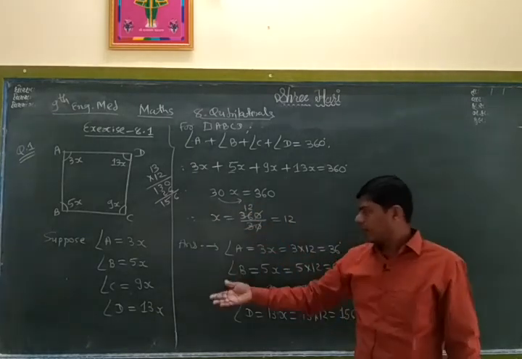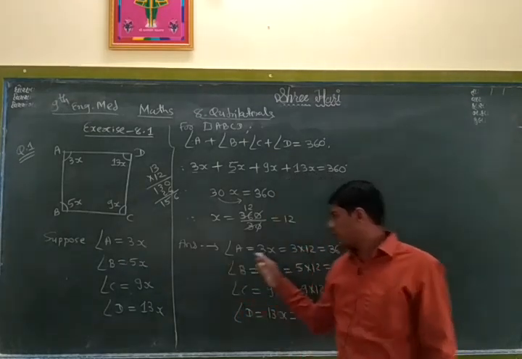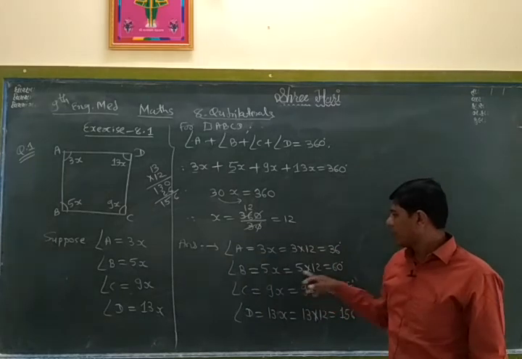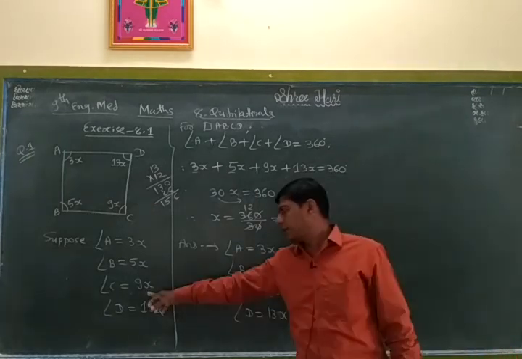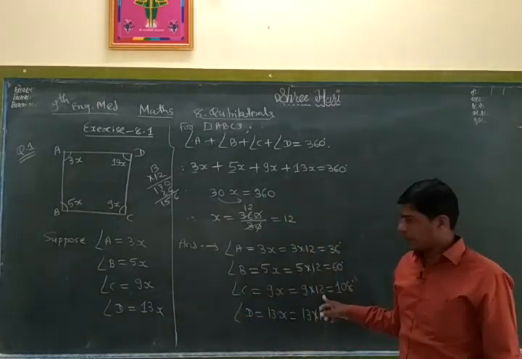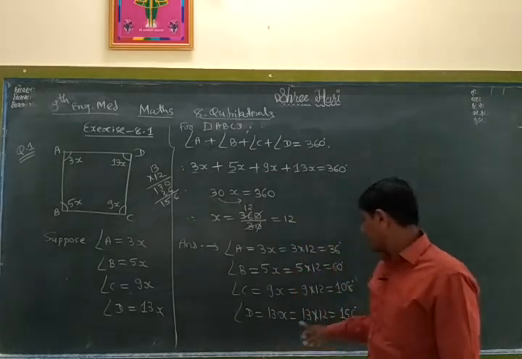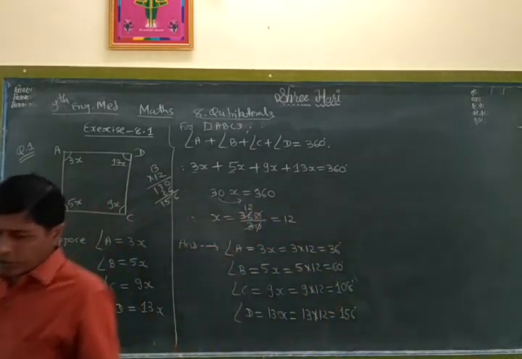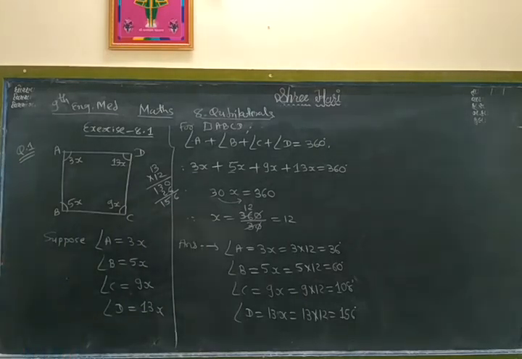Now angle A we supposed 3x, 3 into 12. Second, angle B 5x, 5 into 12. Angle C 9x, 9 into 12. Angle D 13x, 13 into 12. So we get the answer. This way we find all the angles, using the sum.